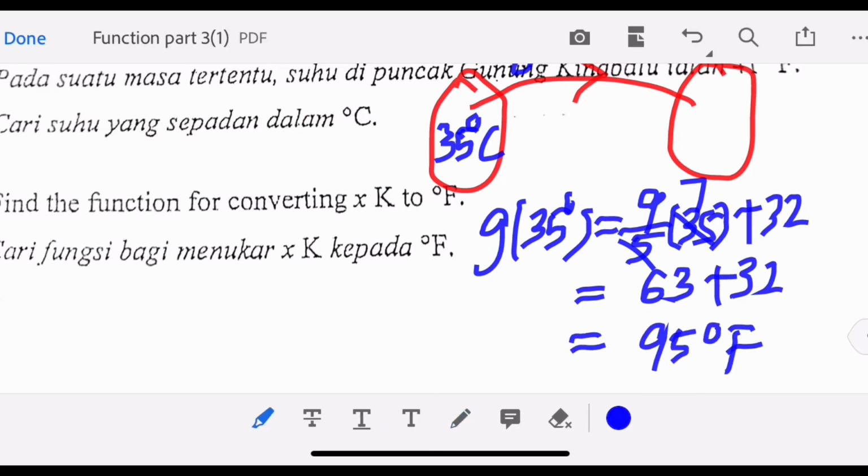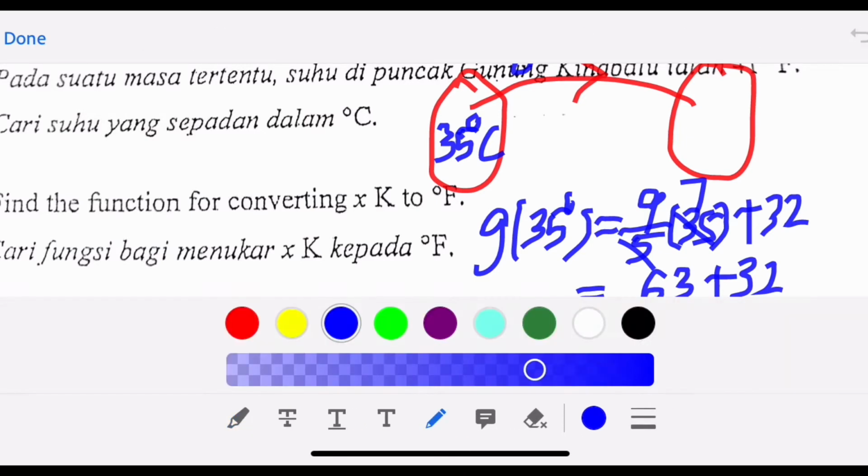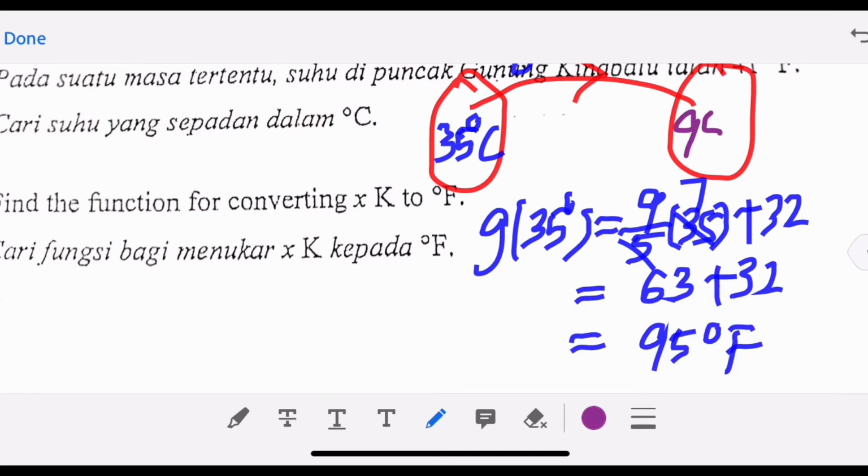So that means you just use a formula. Function is just like a formula to convert. For every specific function, sure they will give you the formula because it's actually one-to-one, one object, one image. You give a Celsius, it will give you one answer only, which is 95 degrees Fahrenheit. That's function. So basically function is just like a formula for you to use. It's not tough, isn't it?